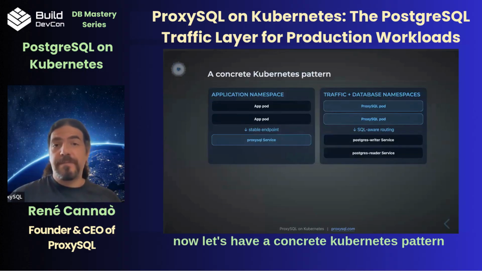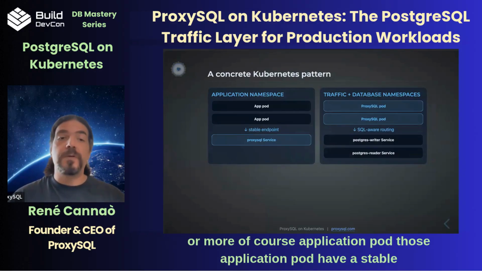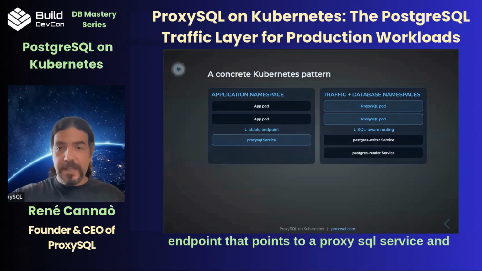So now let's look at a concrete Kubernetes pattern. You have an application namespace in which you have one or more application pods. Those application pods have a stable endpoint that points to a ProxySQL service.